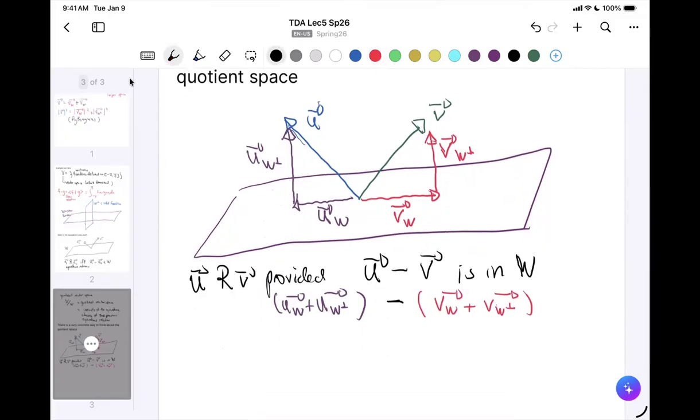So this difference is UW minus VW plus UW perp minus VW perp.